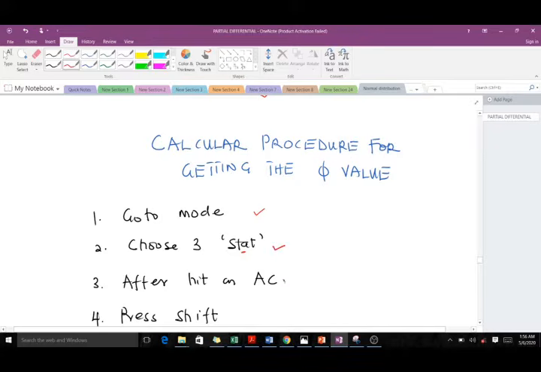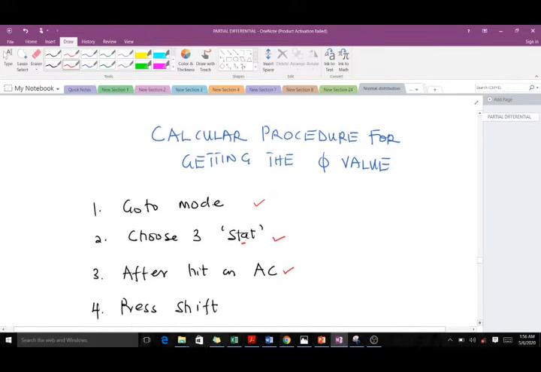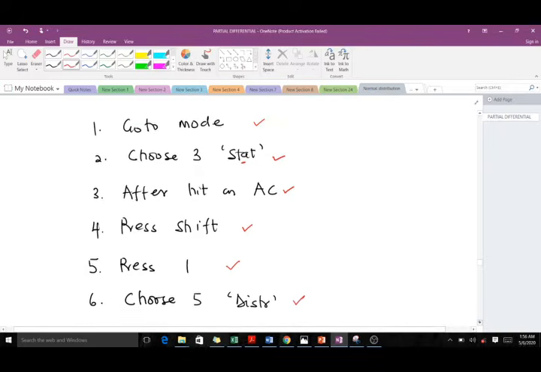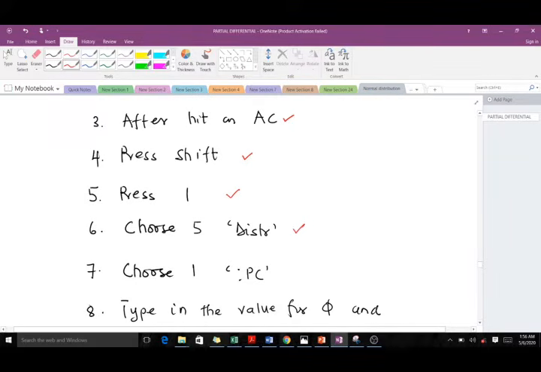Then after that, you hit the AC key on the calculator. Then you press shift. After pressing shift, you press 1, choose 5, where you find something like this Q. Then you choose 1, which has something like this. Then you type in the value for phi.